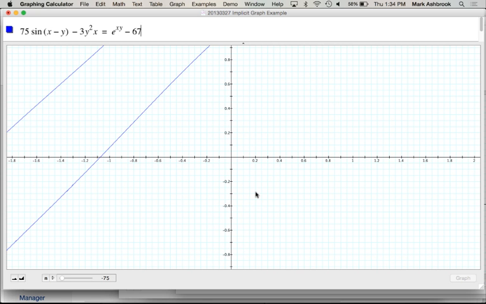Okay, so here's an equation: 75 sine of (x minus y) minus 3y squared x equals e to the xy minus 67. Is y a function of x? Certainly not.